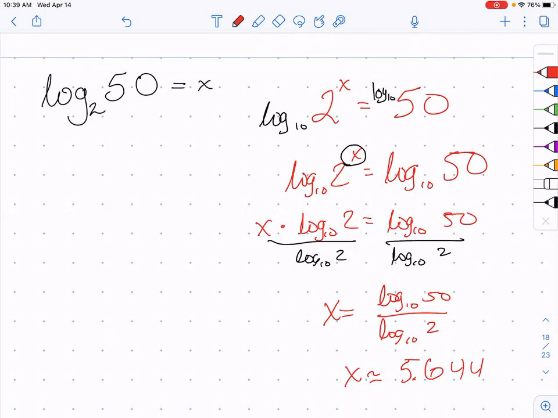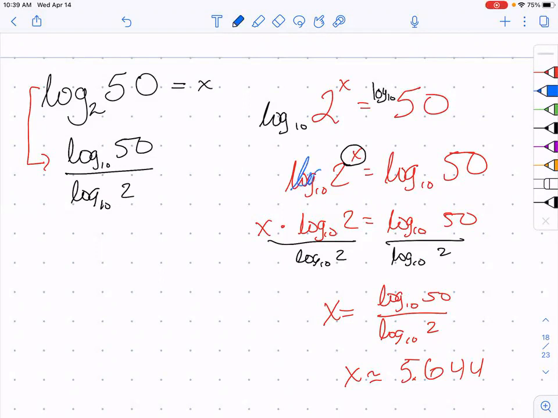So what we're saying is that this expression log base 2 of 50 has the same value as log base 10 of 50 divided by log base 10 of 2. Does that make sense? Was there anything special about the fact that we use log base 10? Could we have done the same thing with a different base? Like, for example, natural log.